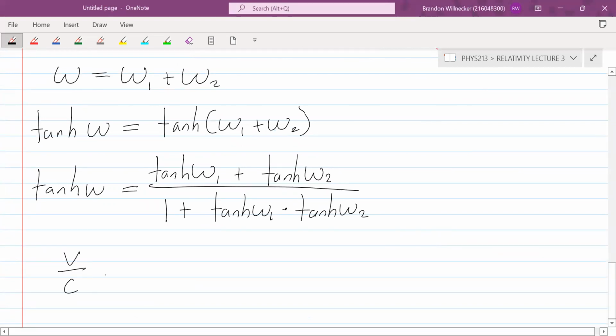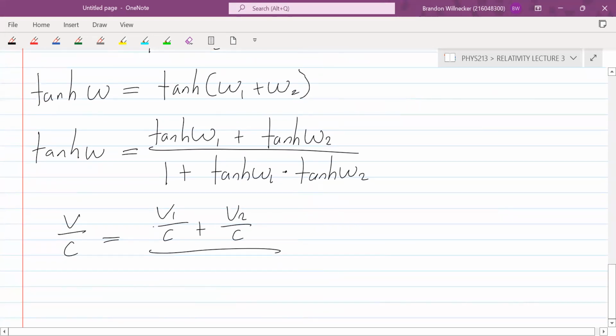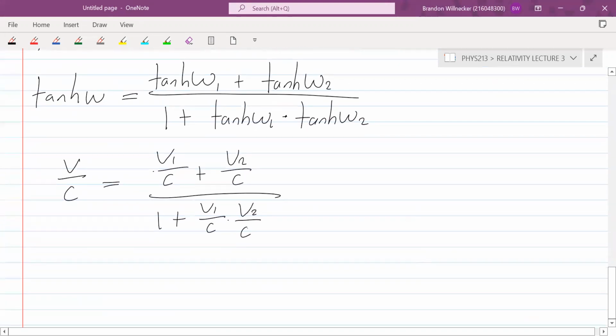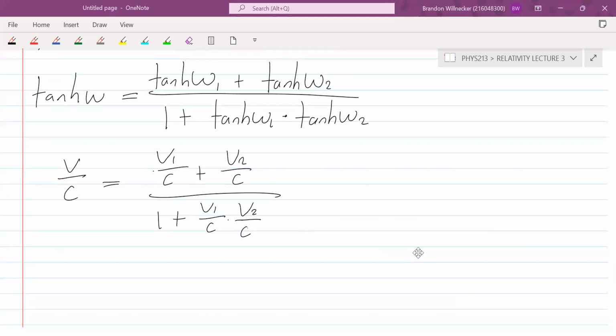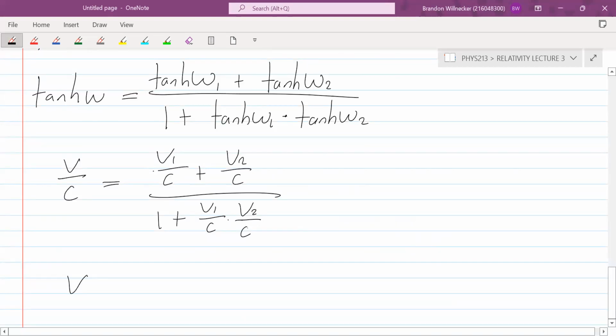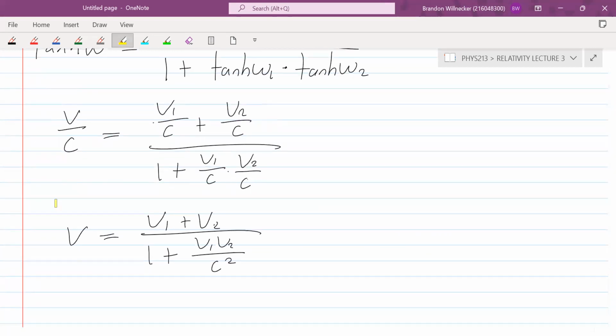So v over c is equal to v1 over c plus v2 over c divided by 1 plus v1 over c times v2 over c. Now, if we multiply through by c, we're going to get v final is v1 plus v2 over 1 plus v1 v2 over c squared. And this is what you should see in your notes.